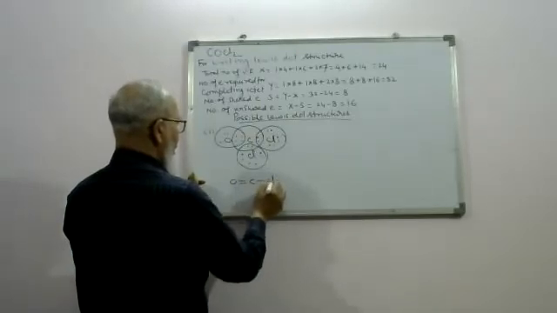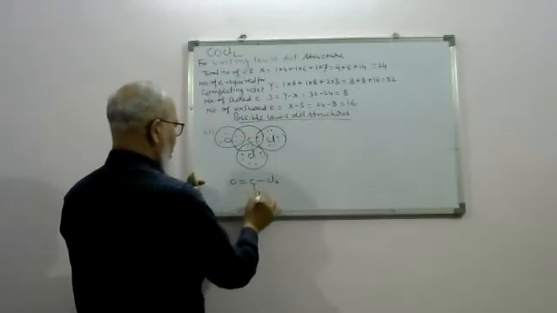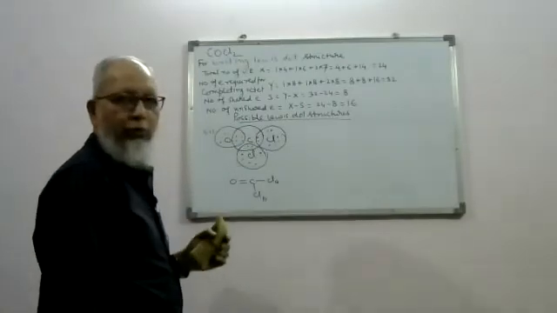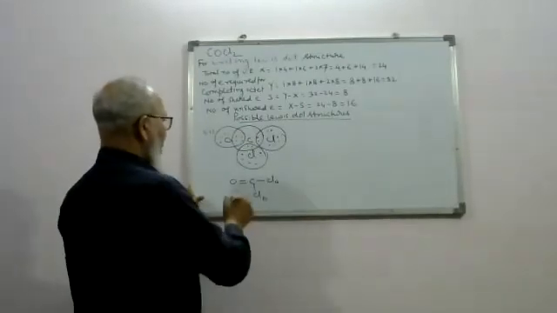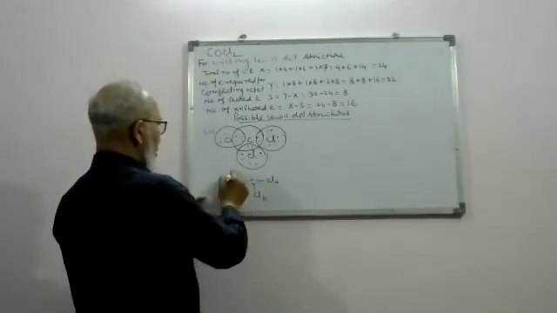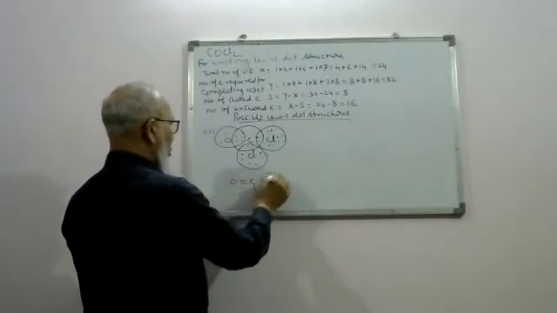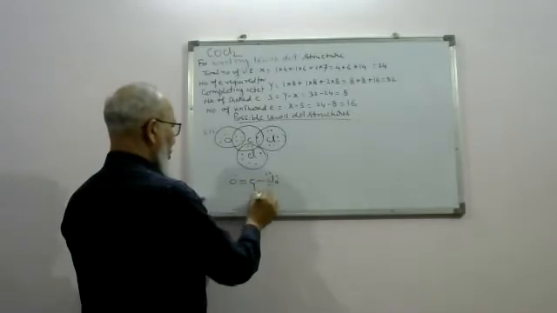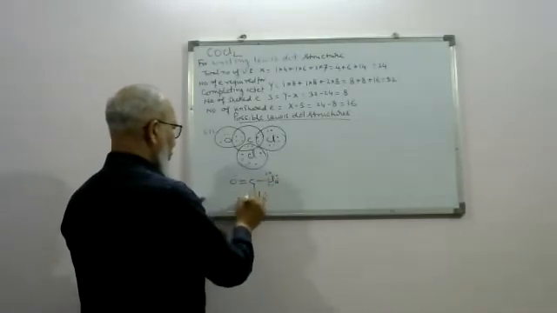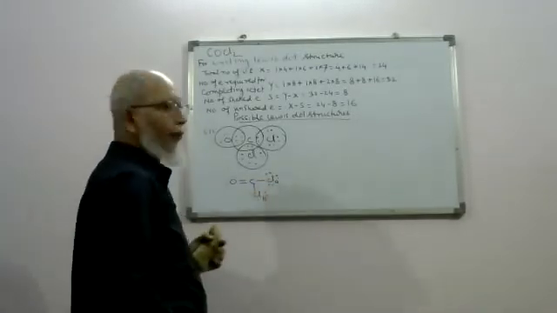Suppose it is Cl A and this is Cl B, because there are two chlorine atoms. Unshared electrons: 2, 4, 2, 4, 6, 2, 4, 6.